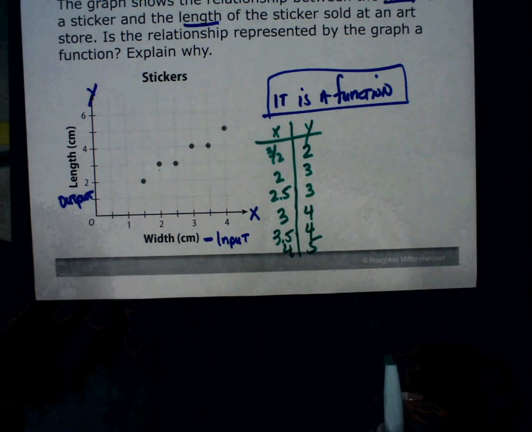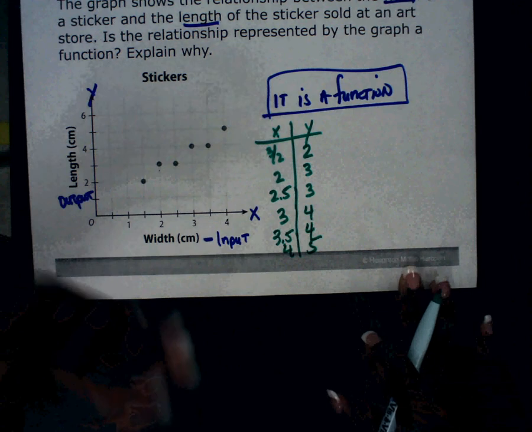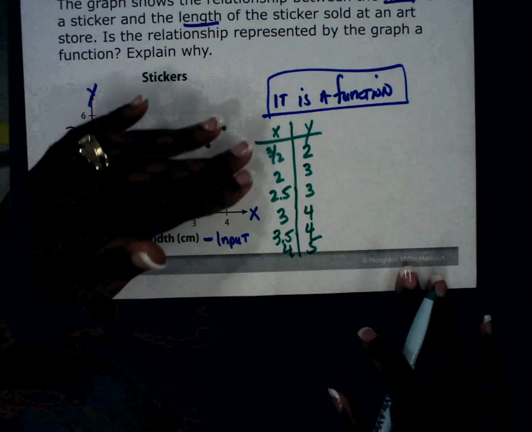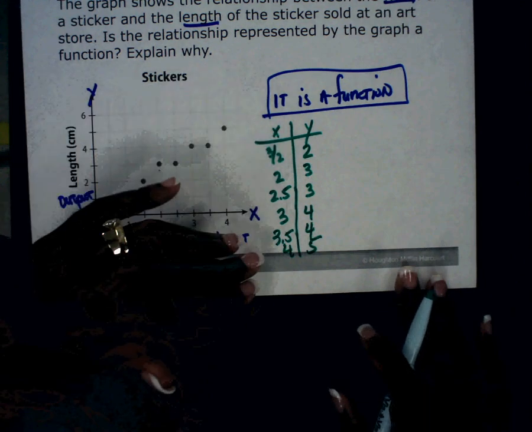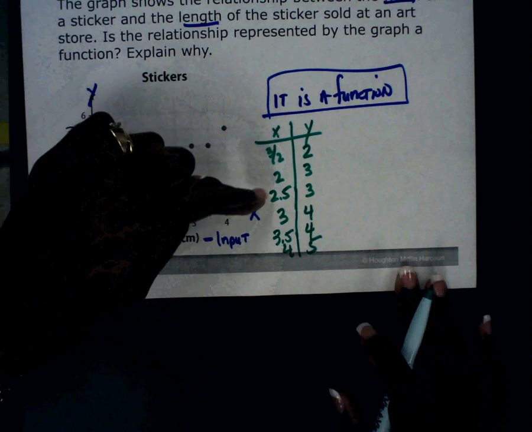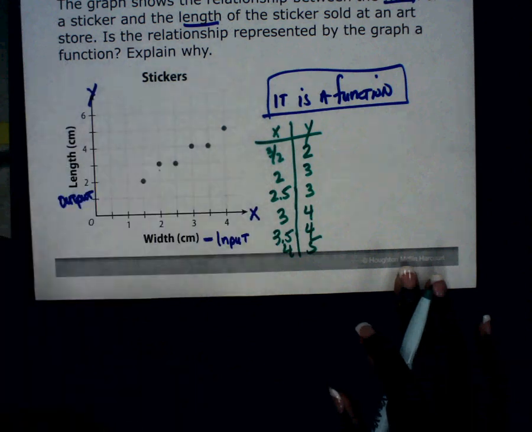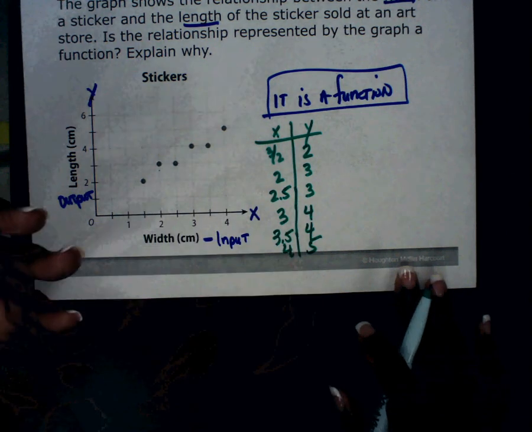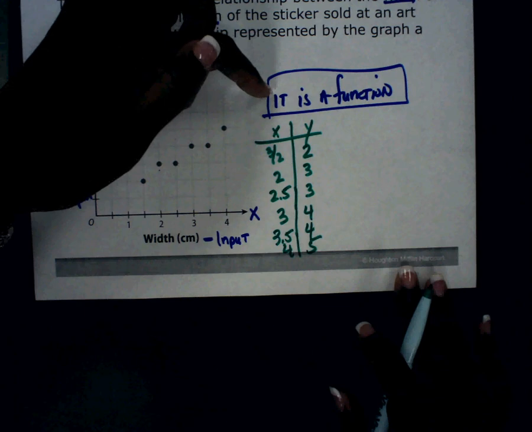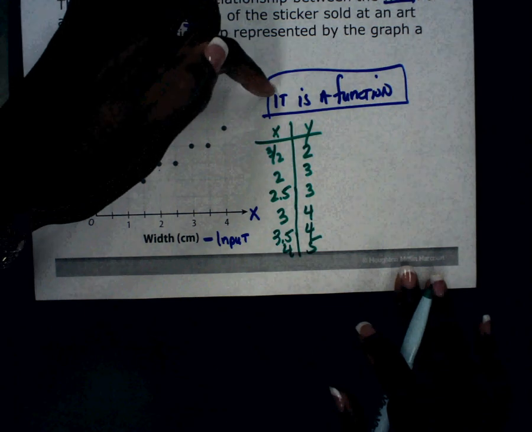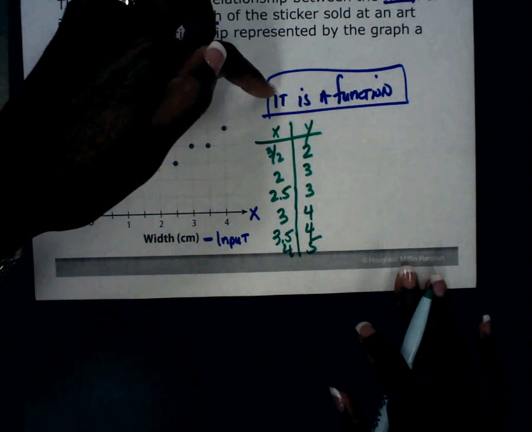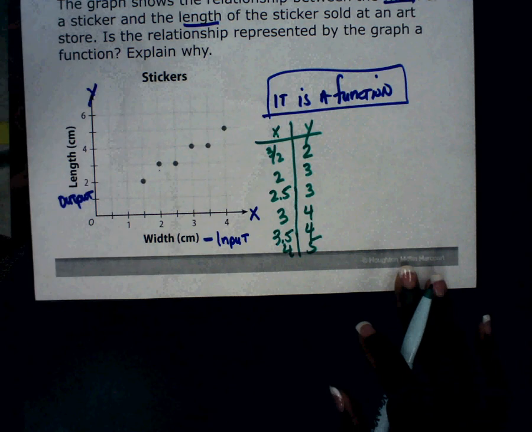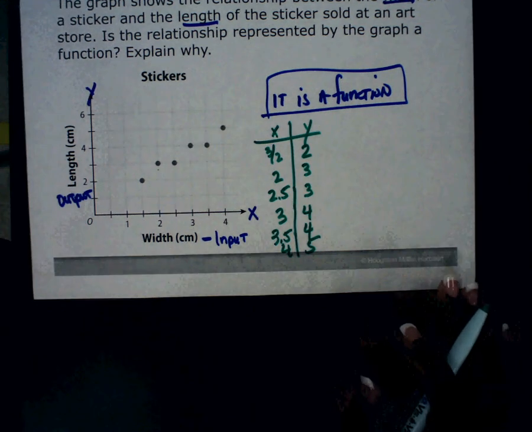And so if I go back to the other example, I said that if we look at the x, or the input values, I want to see, are there any repeating x values? And there are no repeating x values. So looking at the T-chart, we also confirm our first answer, which is that it is a function. So in the second part, it says explain why. Why is this a function?